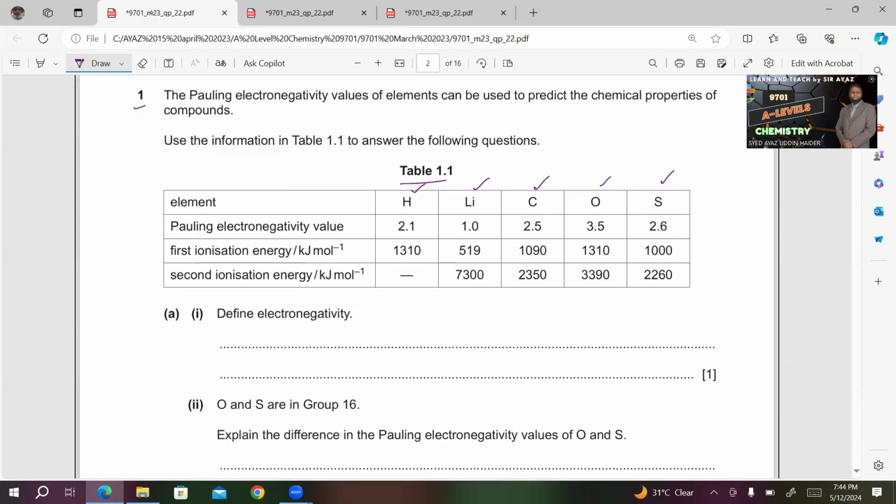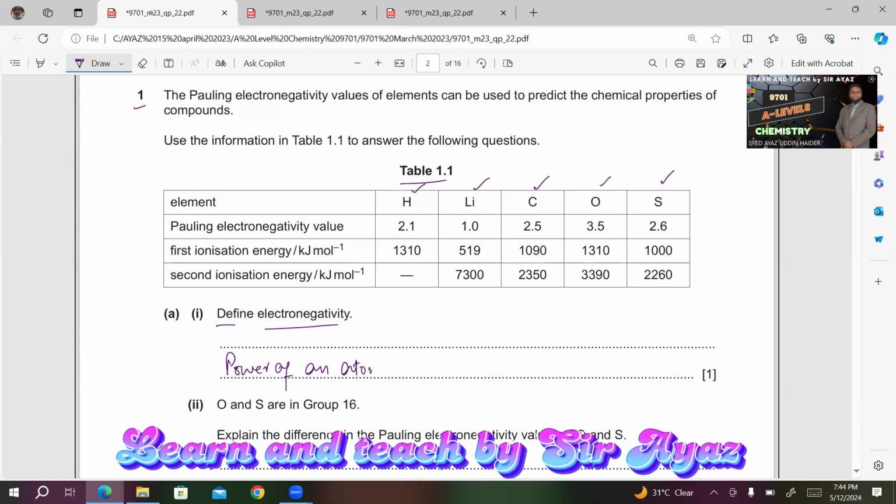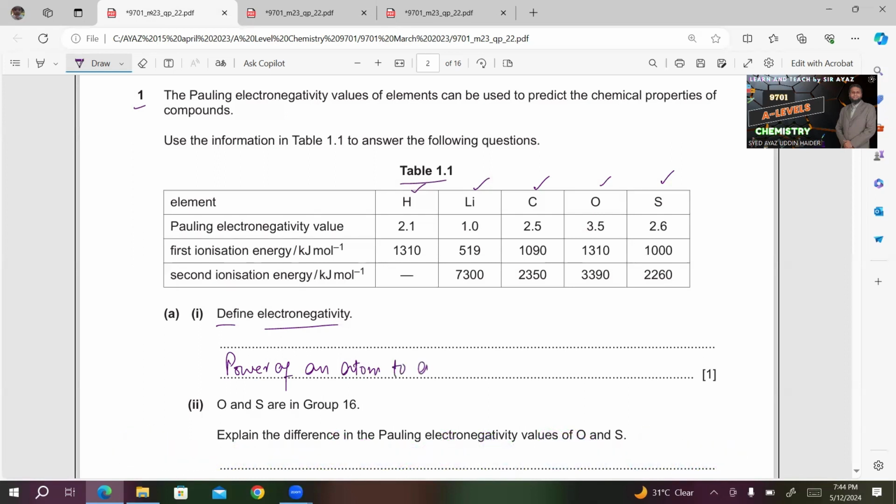Part A, number 1, define electronegativity. You know it's the power of an atom to attract electrons to itself. So you write: power of an atom to attract electrons to itself.